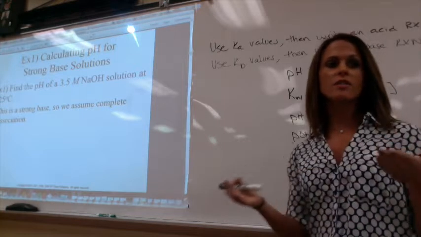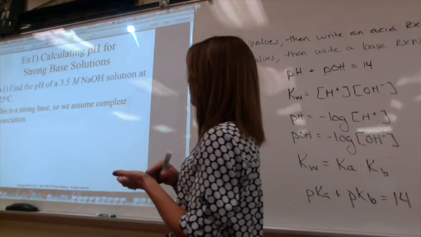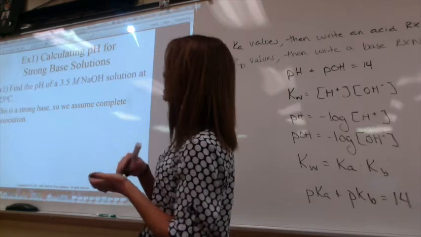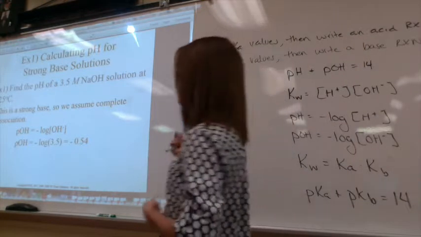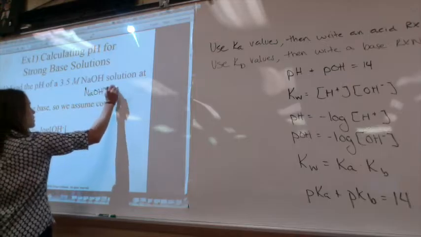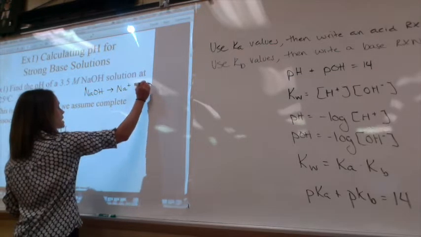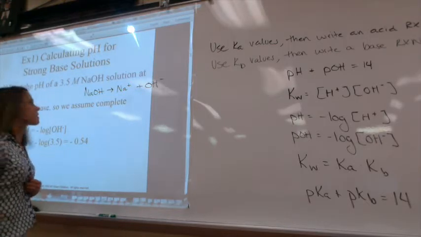All right, since it's a strong base, we can assume complete dissociation. So 3.5 molar sodium hydroxide is actually 3.5 molar sodium and 3.5 molar hydroxide, right? I always suggest that you write out your reactions because some of you, like today on the Quizlet, missed that this was going to be doubled when I gave you that calcium hydroxide.